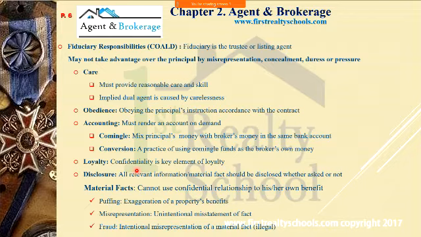However, on the other side, from the seller's side, be careful. It's also the most difficult part of the state exam.